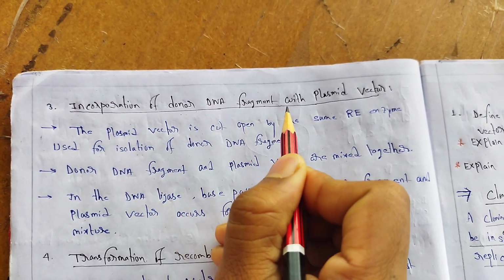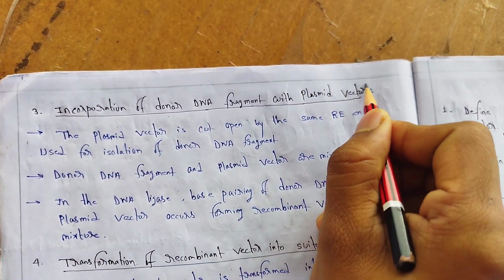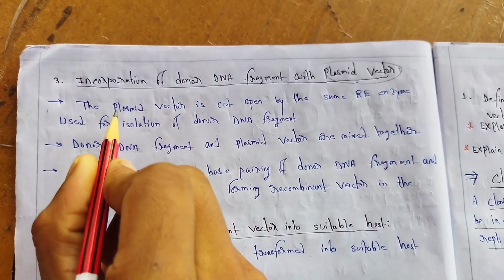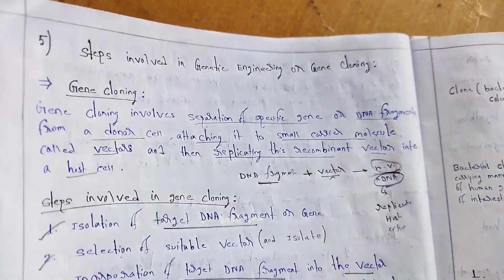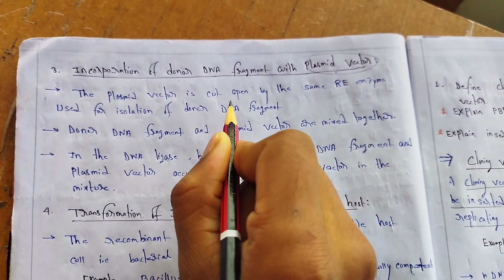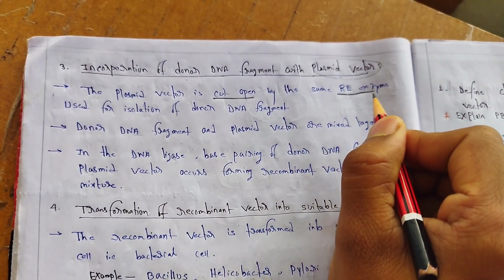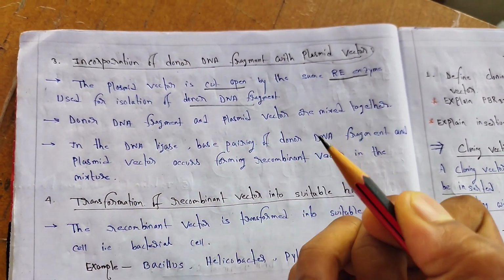Next point: incorporation of the donor DNA fragment with a suitable vector. We are taking the plasmid vector. The plasmid vector is cut open by the restriction endonuclease enzyme, as is the DNA fragment.